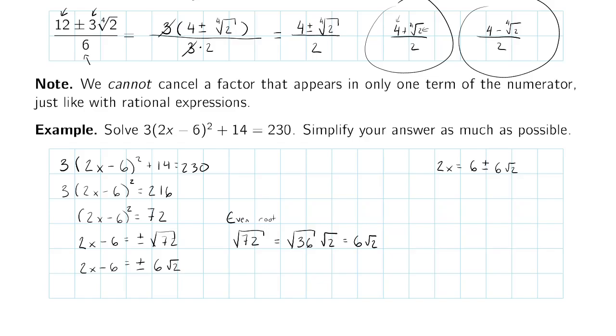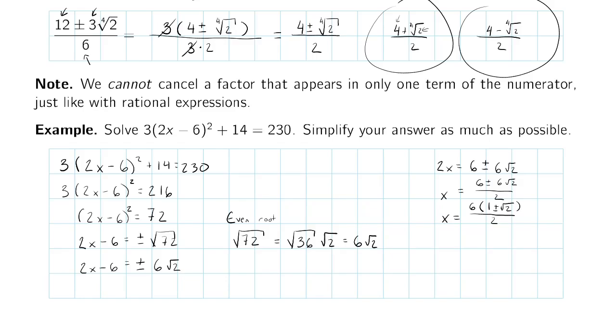What we can do now is divide both sides by 2. So we'll have x equals 6 plus or minus 6 root 2 over 2. And then we can notice that 6 is a common factor in the numerator. x equals 6 times (1 plus or minus the square root of 2) all over 2.